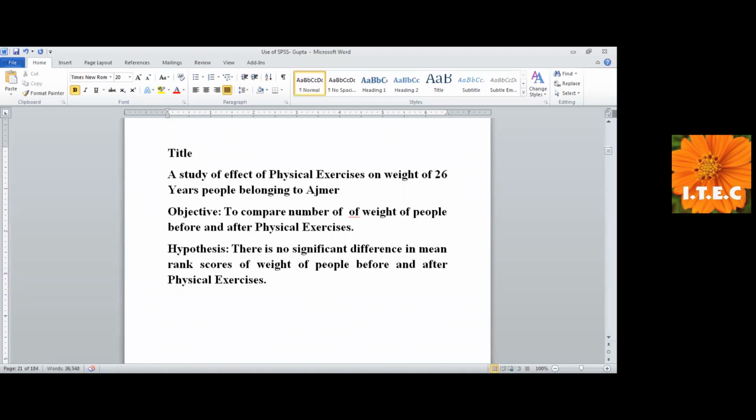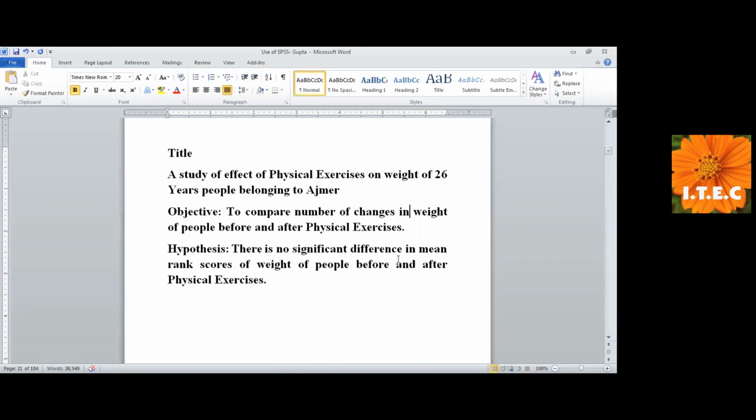number of changes, to compare number of changes in weight of people before and after the physical exercise.